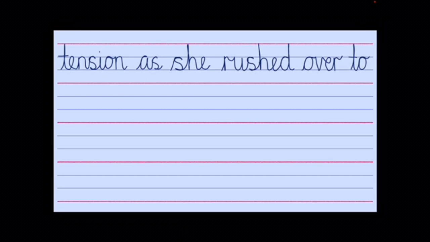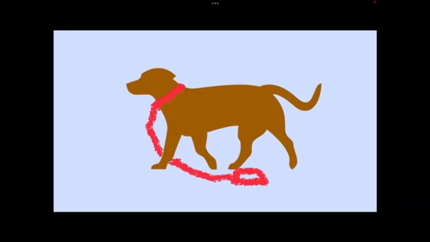And talk looks a little bit like talc with a K. To him. And a full stop. And there's the dog, who we can see has pulled away because he still has his lead on. I wonder what he was chasing.